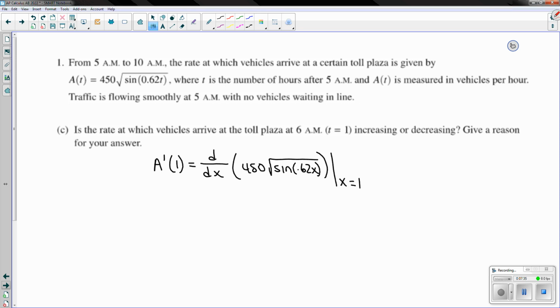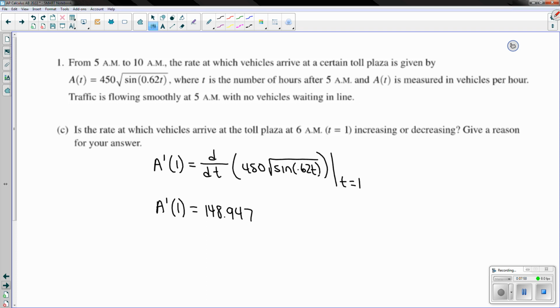This is what it'd look like in our calculator, but we are differentiating with respect to time, so to keep things consistent, this is what our evaluation is going to be. And upon the correct evaluation, again, make sure it's in radian mode, we'll get 148.947.